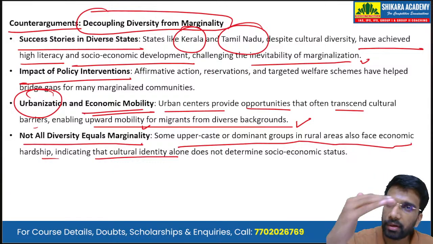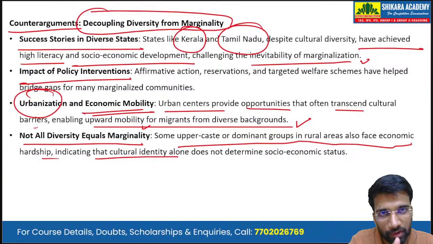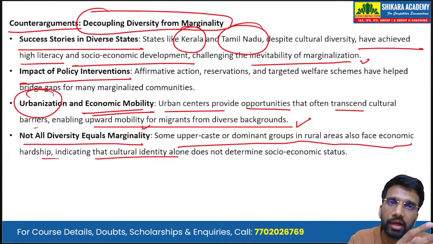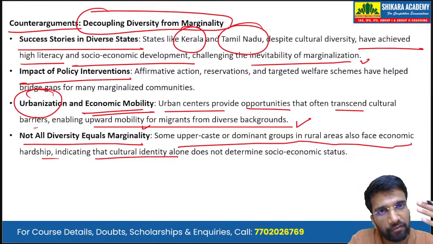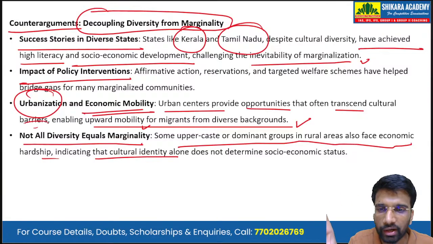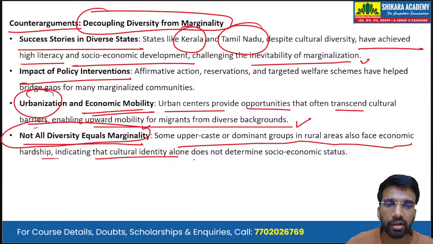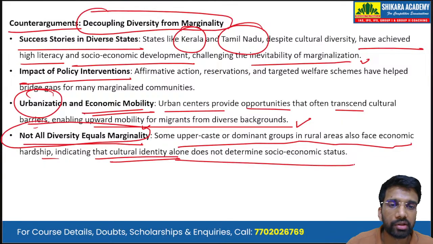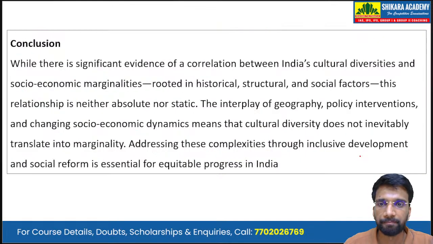Within the upper castes, we have some rich families and some poor families. Also, among the deprived castes, we have some families which are very well off and some which are not. So we can safely conclude that not all diversity equals marginality, because cultural identity alone does not determine the socioeconomic status of a section of the population.